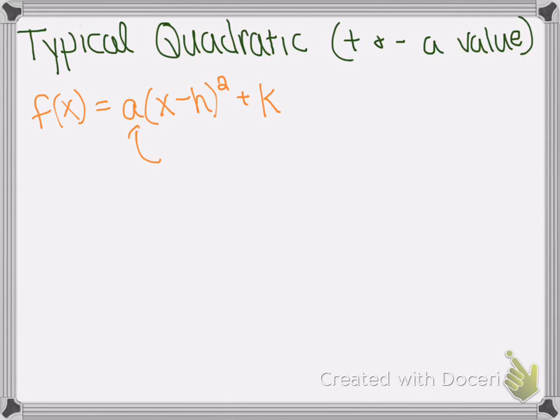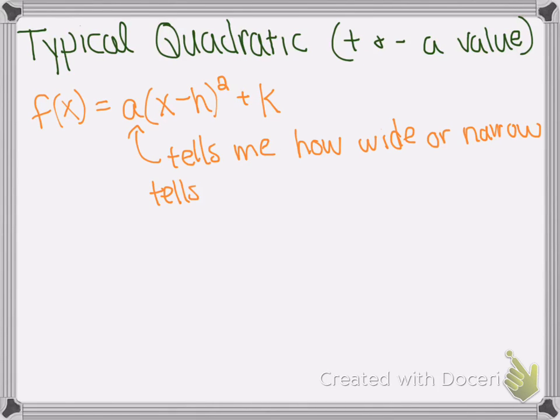Now, the a value tells me how wide or narrow my quadratic function will be, but it also tells me the direction of opening.